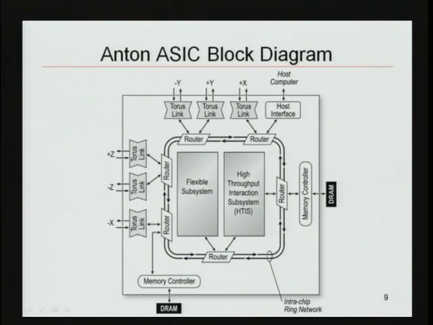Now, each chip contains two major portions called the flexible subsystem, which is programmable, and the high throughput interaction subsystem, which is not. And these two sections interact by communicating over a high-speed ring bus on the chip.